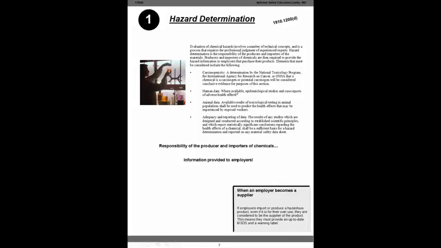Human data: when somebody gets irritated, everybody gets irritated every time they touch it, then it'll fall into a hazard and require us to follow these rules. Animal data: toxicology tests on animal populations.